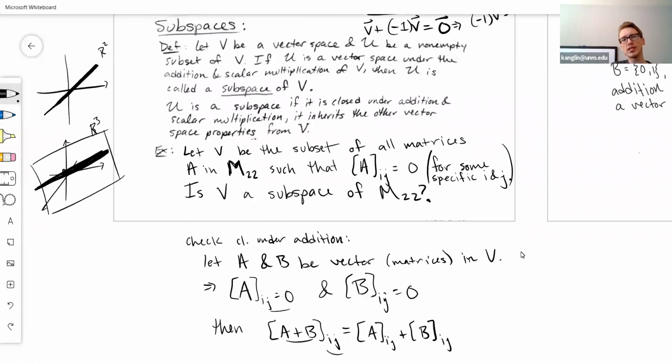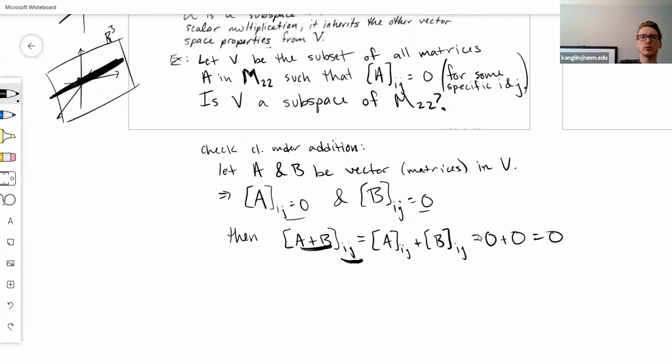But we're saying for both of those, that's 0. So when we add these two, the result also has a 0 in that same ij element. Whatever i and j were, it doesn't matter. Whichever element we're specifying has to be a 0 to be in this subset. We're saying add two of those things, you'll still have a 0 in that element of your matrix. So yes, we showed closure under addition.